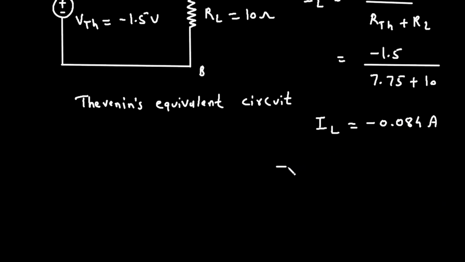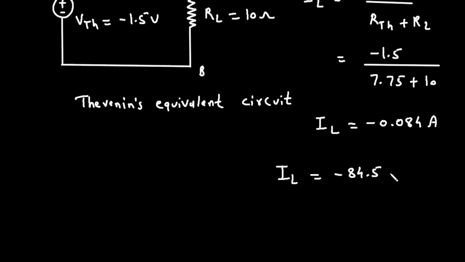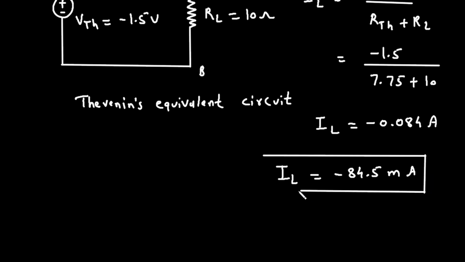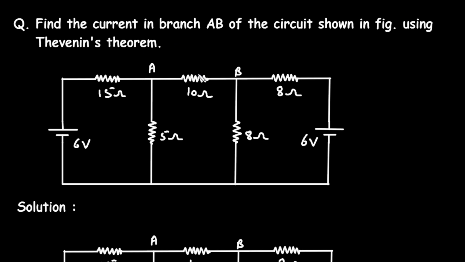Or we can also write IL is equal to minus 84.5 milliampere, because here it is multiplied with 10 to the power minus 3. So we can replace this 10 to the power minus 3 by milli. Now what we have to find in this problem? We have to find the current through this 10 ohm by using Thevenin's theorem.